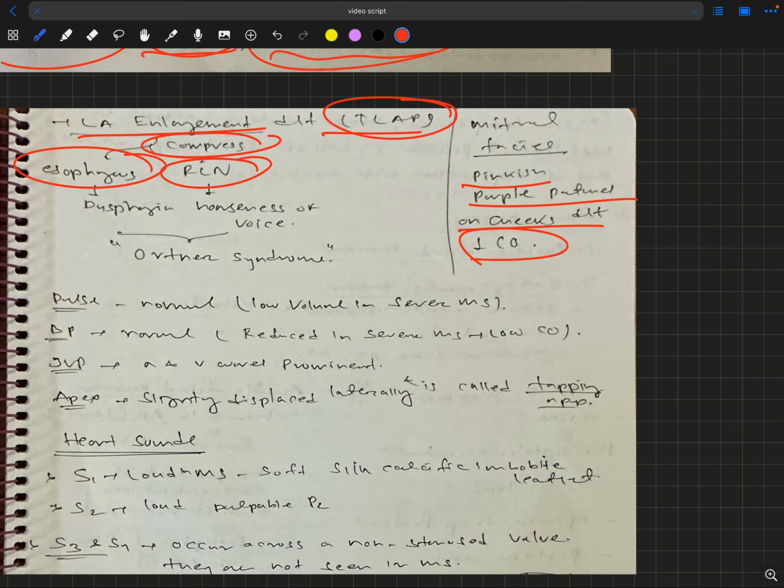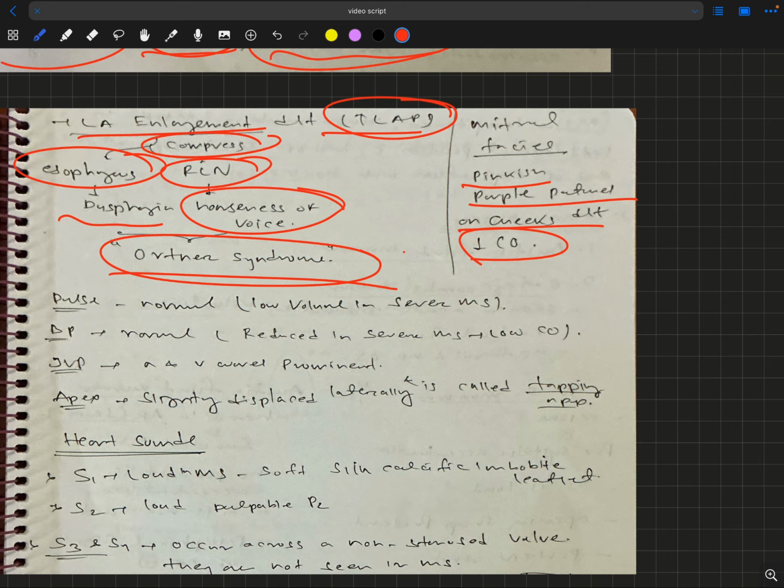Compression of the recurrent laryngeal nerve leads to hoarseness of voice, and compression of the esophagus leads to dysphagia. This triad of dysphagia, left atrial enlargement, and hoarseness of voice is called Ortner syndrome.